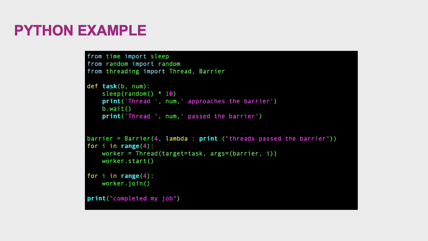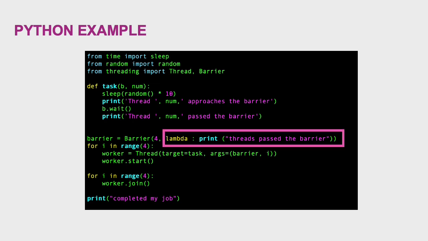We create 4 threads, we start them, and we wait for their termination. And still we have our task, and our task still has a random time sleep, then prints a message, waits on the barrier, and prints that it has passed the barrier. So everything seems quite similar to what we have done so far.